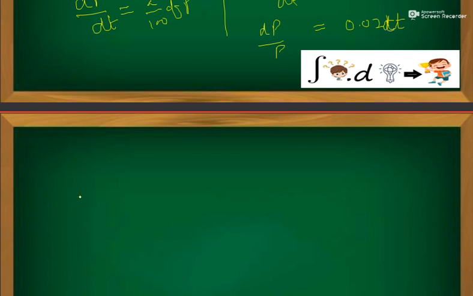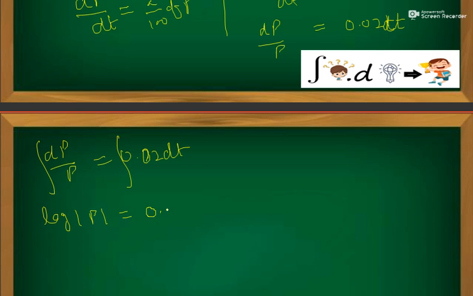Integrating both sides, the integral of 1 by P is log of mod P, which is equal to 0.02 times the integral of dt, that means t plus c, and c is the constant of integration.